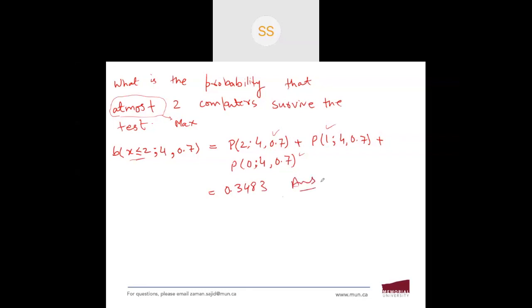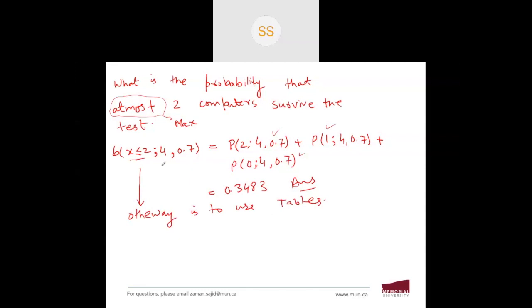Now this is one of the ways that you can solve this problem of the binomial distribution. Another way is that we can use some standardized tables, and I will show you now how we do that. So this was the one way. The other way to solve it is to use the tables.